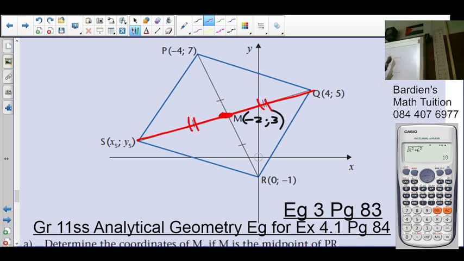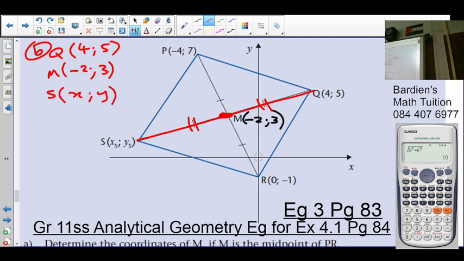We've got an end point. So let's make this Q, which is (4, 5). The midpoint is (-2, 3). And the other end point is S, which is (x, y). If I make this x1, y1, this would be x mid, y mid, x2, y2.